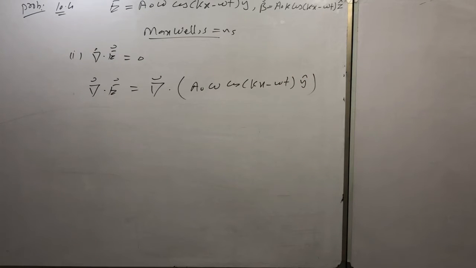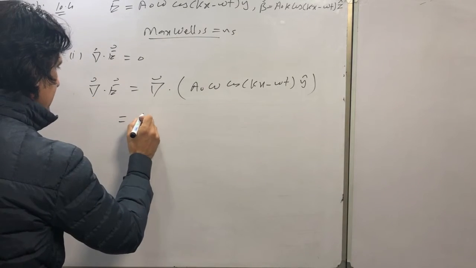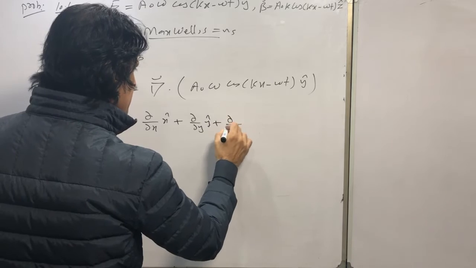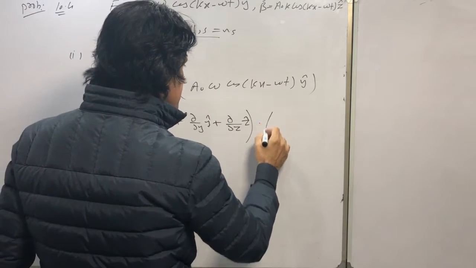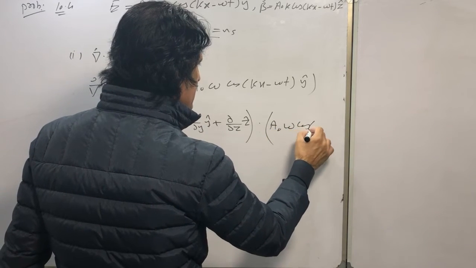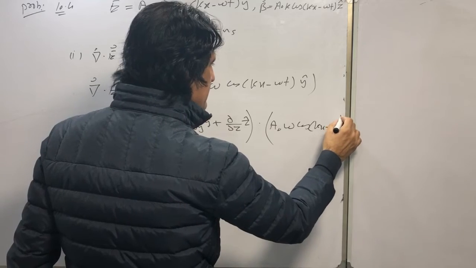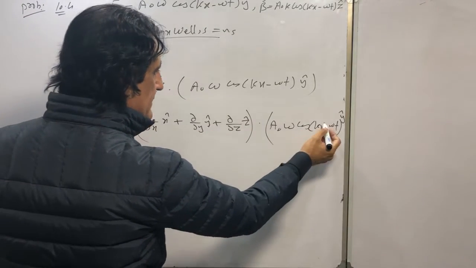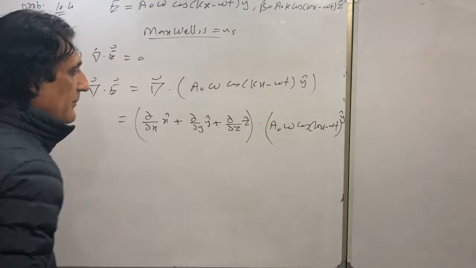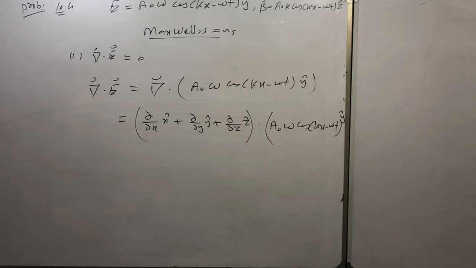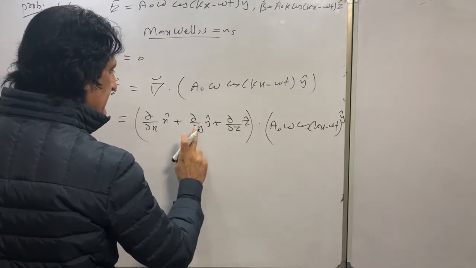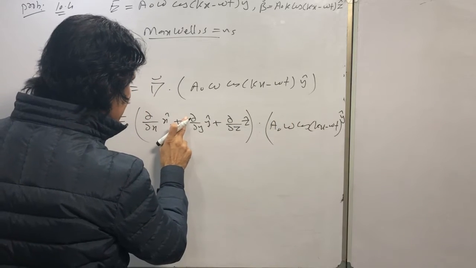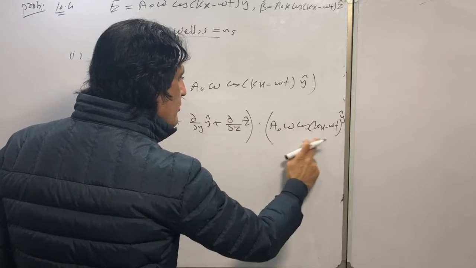Writing this in components, we have partial divided by partial x, partial y, and partial z. Partial x is okay, but there is no x component. And y dot y is equal to 1, but this is differentiation with respect to y, and the field does not depend on y.